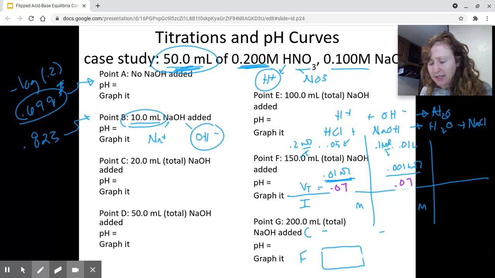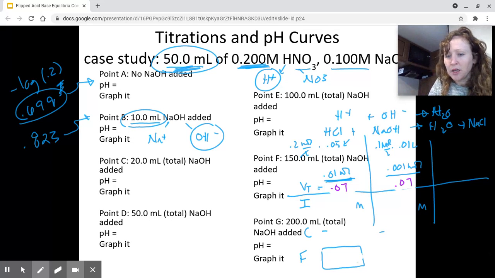Okay, so let's do the math here. So acid is going to be 0.01 divided by 0.07, which is going to be 0.143.